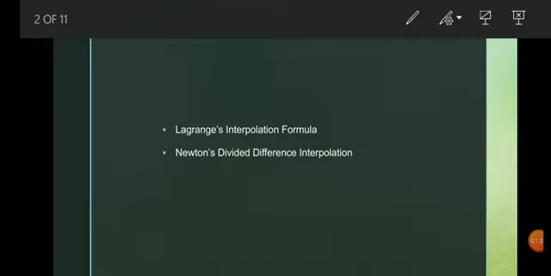So we know that for an equal interval there are Newton forward interpolation method, Newton backward interpolation method, Stirling formula. Okay, but for unequal interval we have Lagrange's interpolation formula and Newton divided difference interpolation formula.